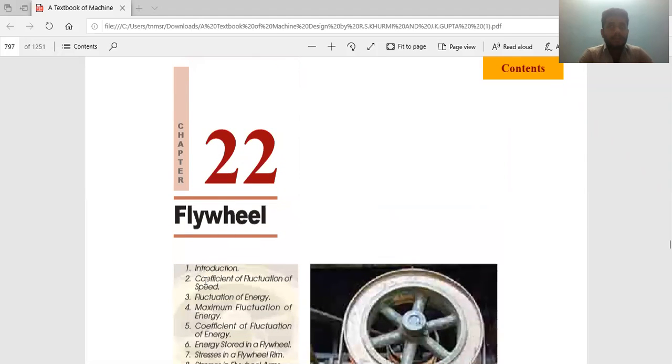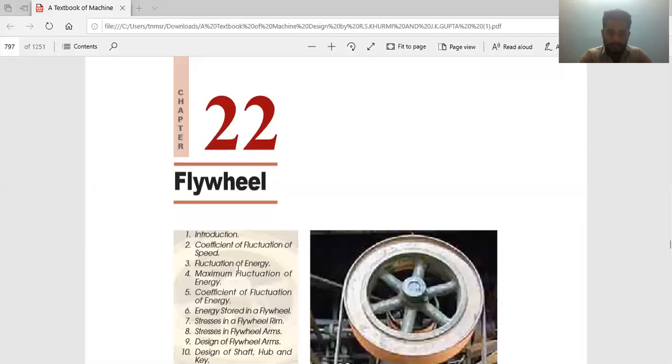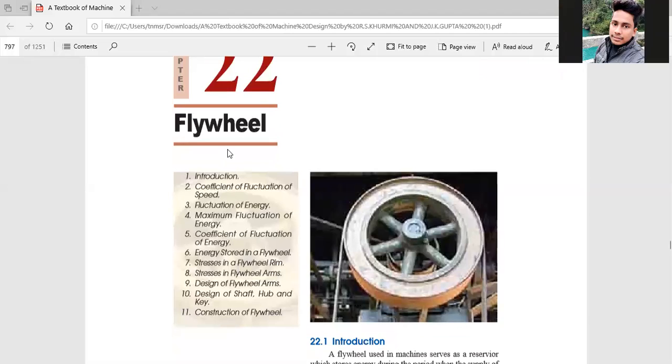I think in your official group, Sudipto sir has posted this book, Machine Design by Khurmi Gupta. Yes or no? Yes, sir. You can refer to that same book for the flywheel portion. Questions are good over there. No need to refer to Bhandari, because in Bhandari the questions are a little bit complicated.